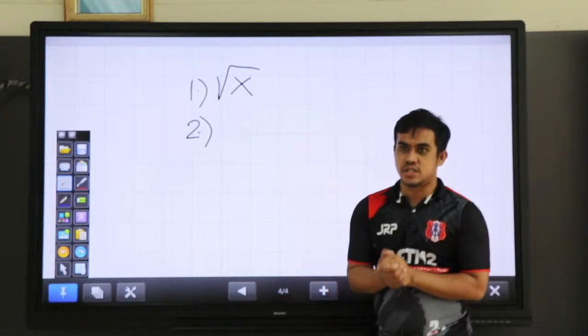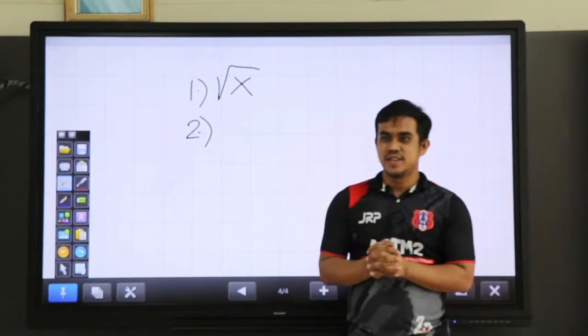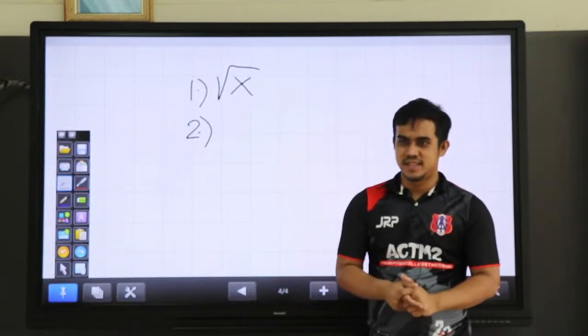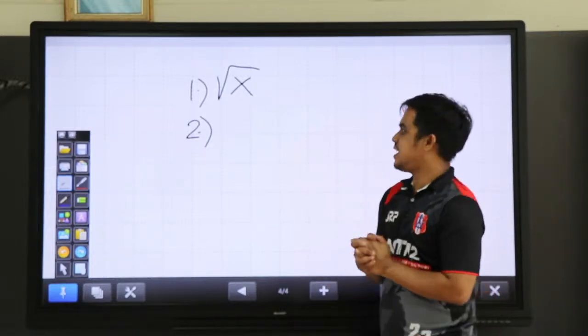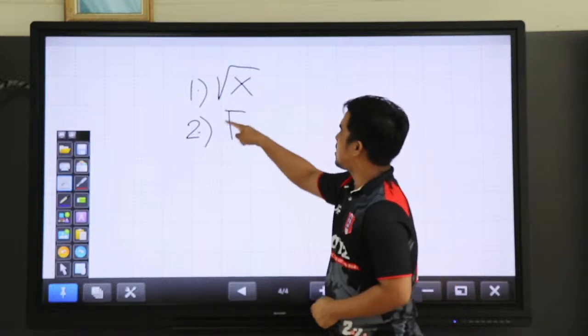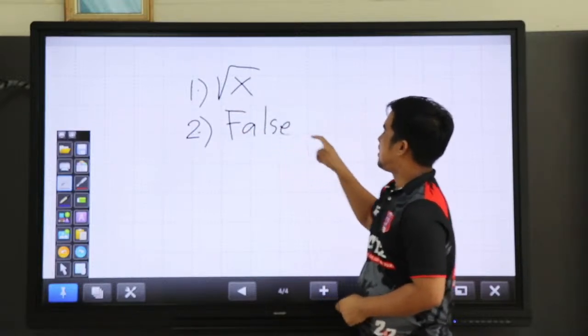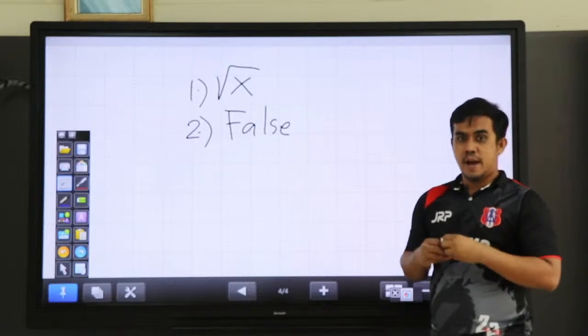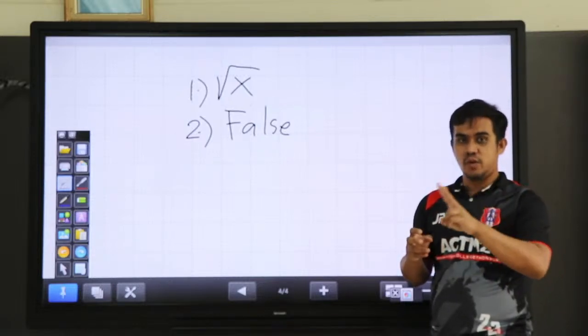True or false? Go. Good job. That is false, because the sign should be in the middle, between those 2 numbers. So be careful with the order.